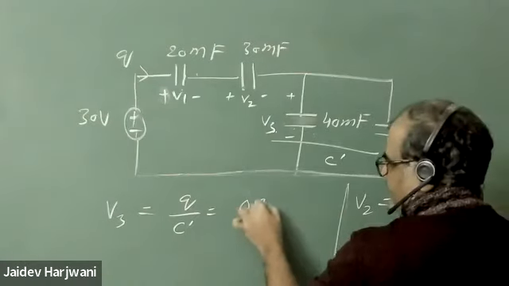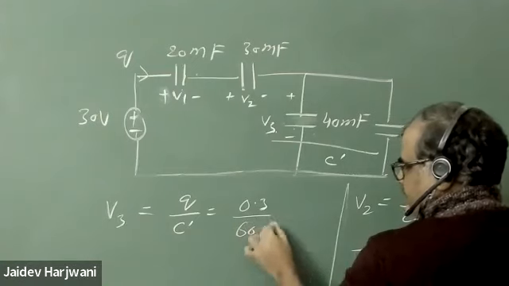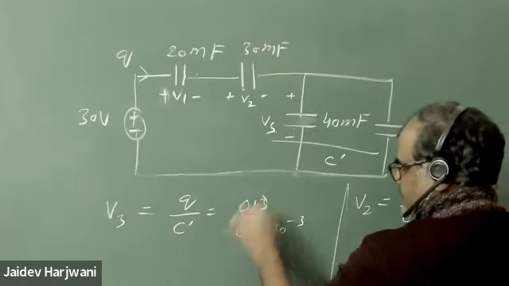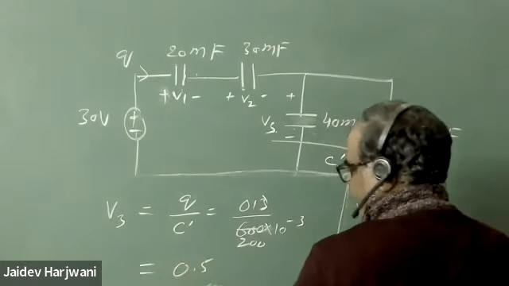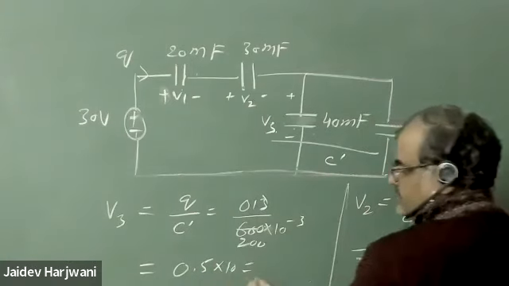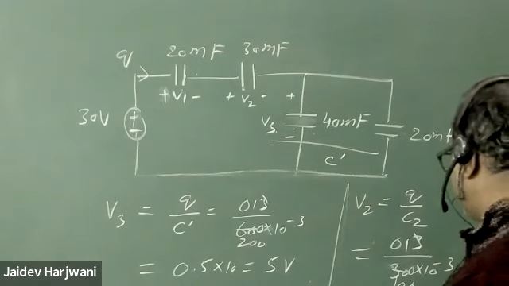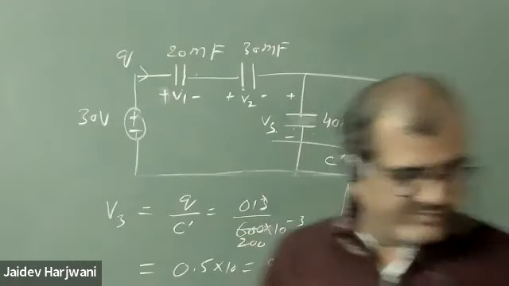Q is 0.3, so this becomes 0.5 into 10, which is 5 volts. So now you can count 15, 10, 5, total is 30 volts. So your V3 is 5 volt.